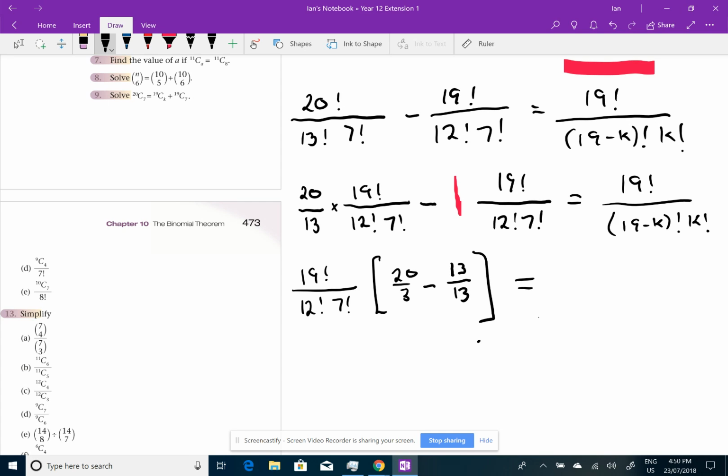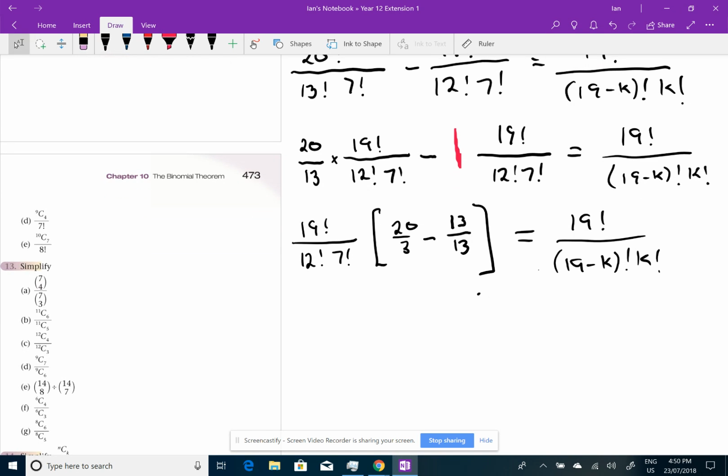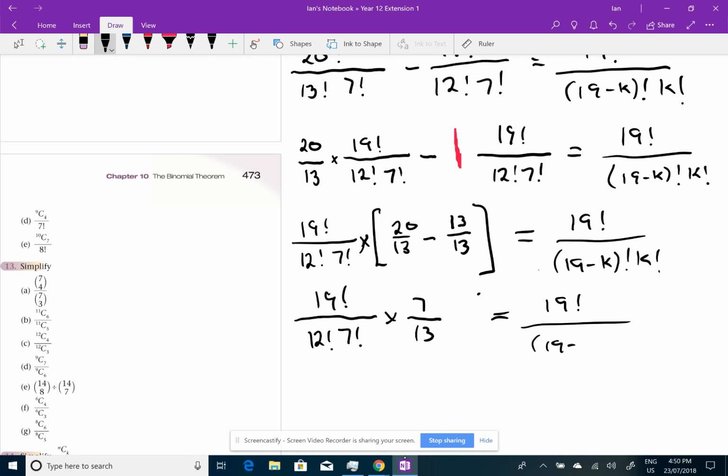I'm doing a subtraction here, could have done it on my calculator. Still got my 19 factorial over 19 minus k factorial, k factorial. So I've got my 19 factorial over 12 factorial, 7 factorial, and remember this is multiplied, I factorise that. Well, 20 minus 13, I'm going to get 7, and that's a 13. 7 on 13 equals 19 factorial on 19 minus k factorial, k factorial.